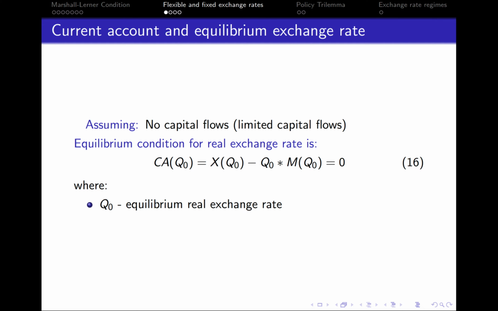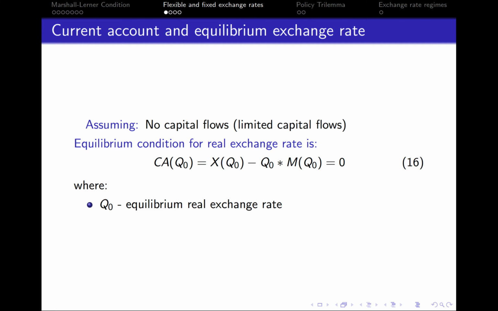Okay, so now let's move to the relationship between current account and equilibrium exchange rate. Let's assume for the time being that there are no capital flows. Even with limited capital flows, our reasoning would still hold, but let's assume that there are none.